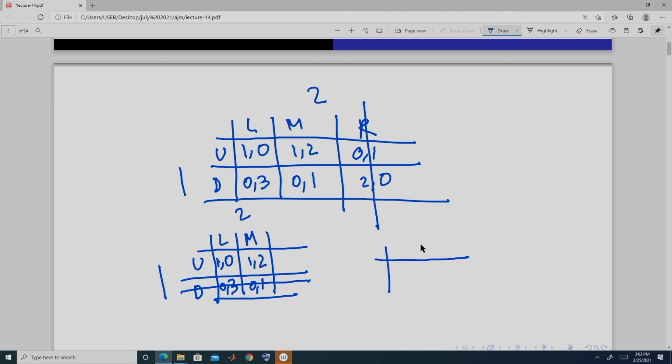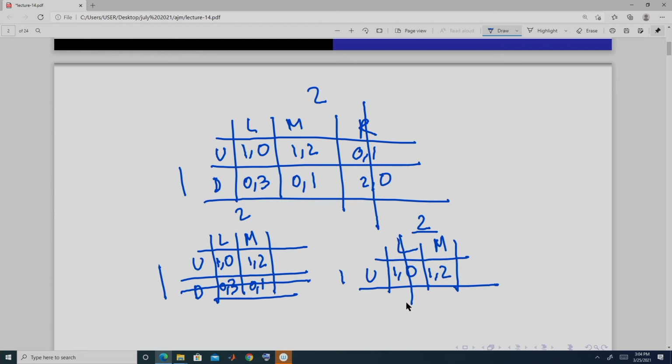So, the game now is this, and if we look at this here, L is dominated by M because 0 is less than 2.